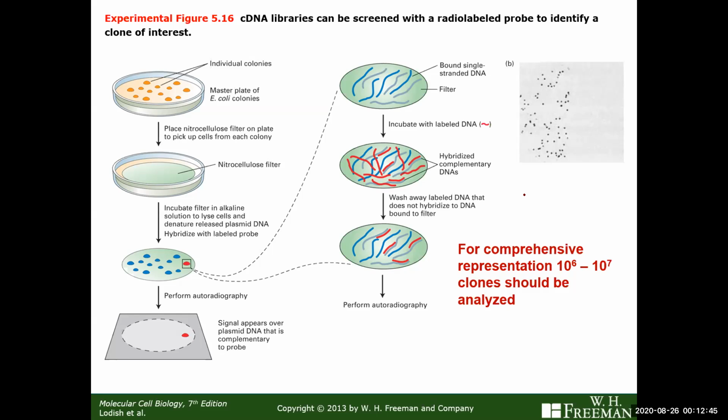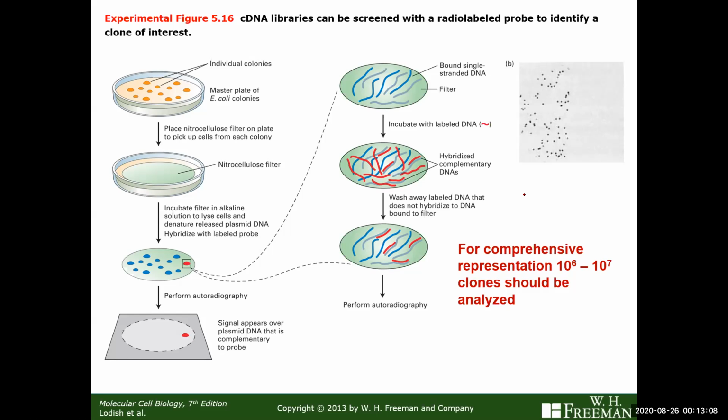Now you will go in with a filter paper, which you spread nicely on the bacterial plate, and some bacteria will be transferred onto the filter paper. Then you put it inside an alkaline solution. The bacterial cells will be lysed, the DNA will be denatured, and you dry it.